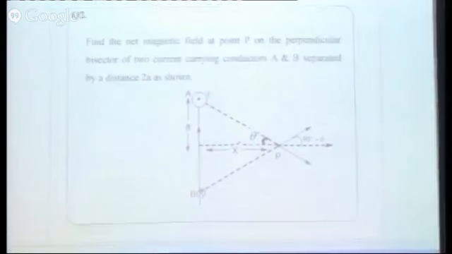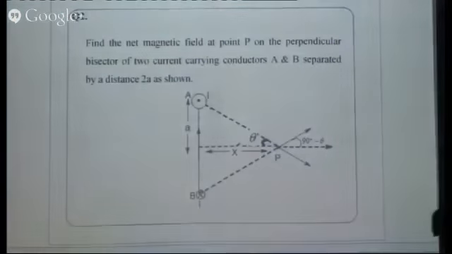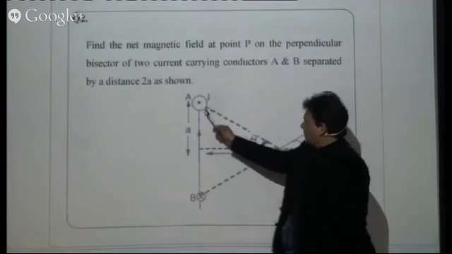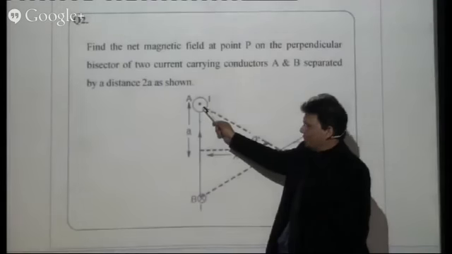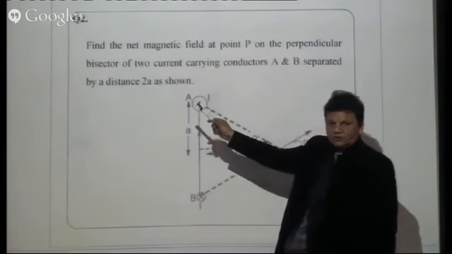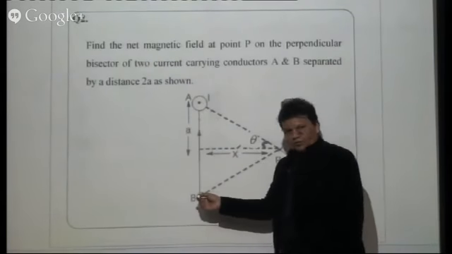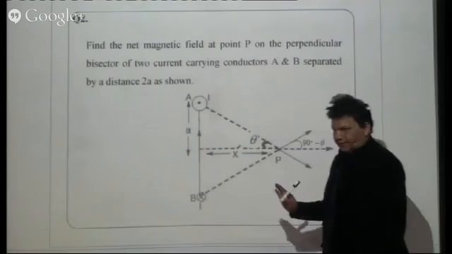Second question. Next slide. The second question. Have a look at this. The question says dot across infinite current carrying conductor coming out and infinite current carrying conductor going in. Okay.